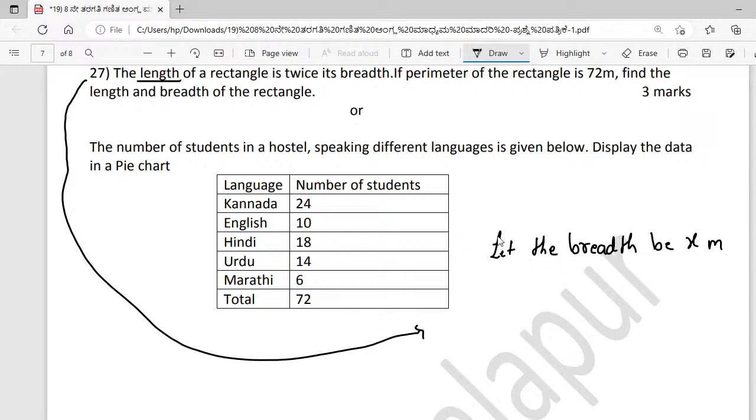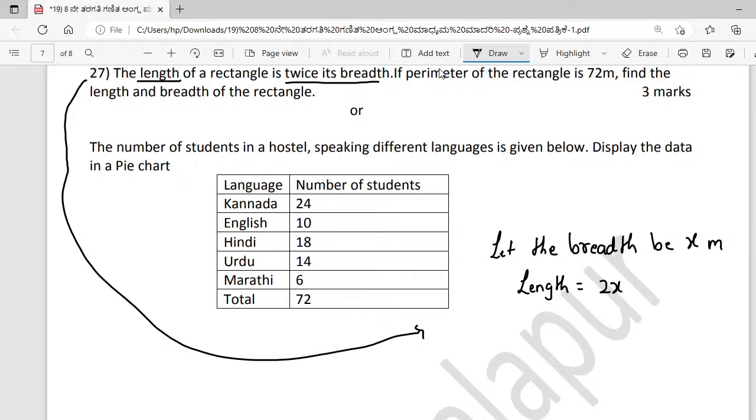They have been comparing the length with the breadth, so let us write down the length value. The question says the length is twice its breadth. Twice means 2 times the breadth. What is our breadth value? That is x. So 2x will be our length.